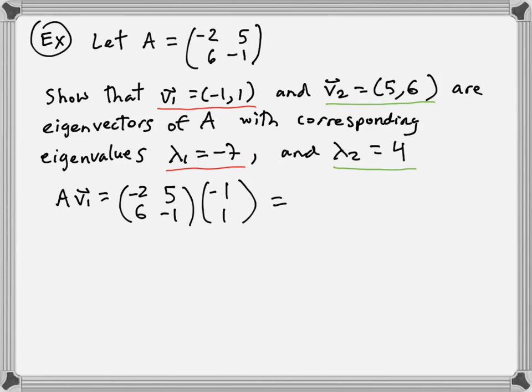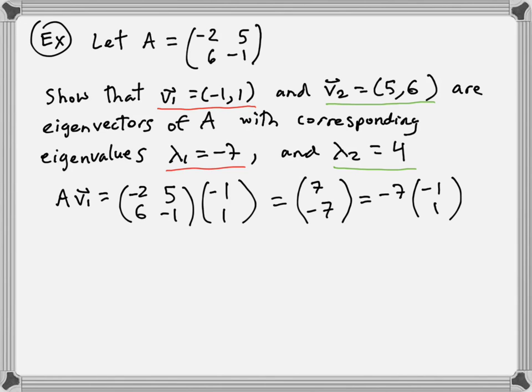If we multiply these together, on top we get 2 plus 5, which is 7. On bottom we get -6 minus 1, which is -7. And we notice that this is -7 times the vector that we plugged in, isn't it?